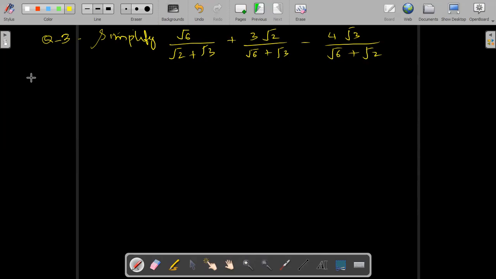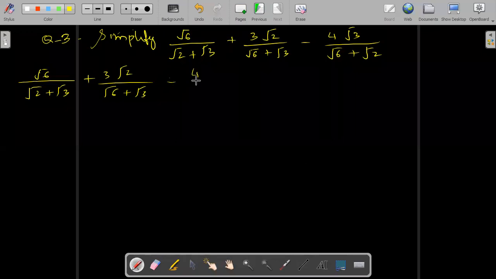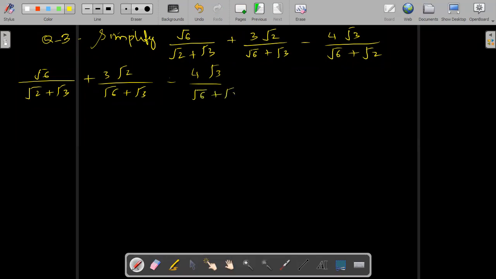So what we will do first: we should write it again and then start. Root 3 plus 3 root 2 upon root 6 plus root 3. We can do it separately, rationalizing the denominator of each one and then putting in the values, or we can do it directly, which I am doing. Directly all the three terms together, minus 4 root 3 upon root 6 plus root 2.